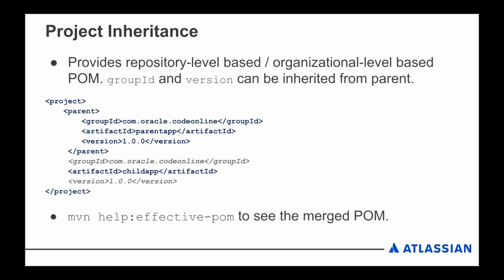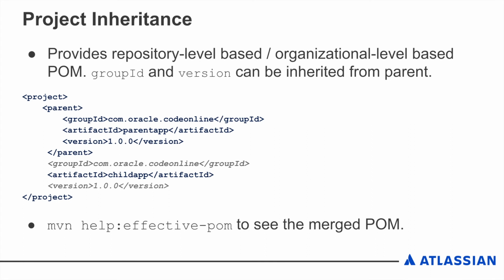So this is feasible for defining repository level or organization level POMs, so that you can group your dependencies and other properties or whatever you need in the parent project's POM, and that can be inherited throughout your organization. To see the merged version of your POM with the parent and the child, you can execute mvn help:effective-pom.